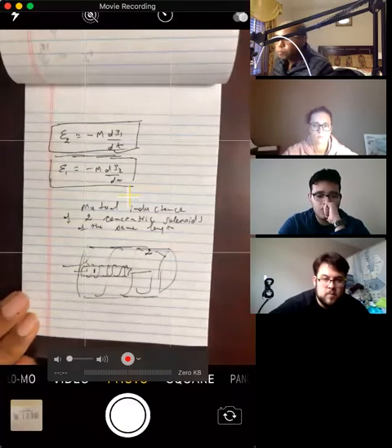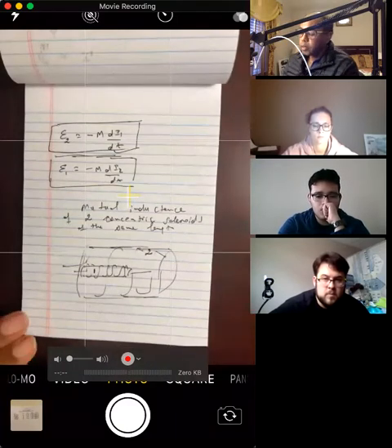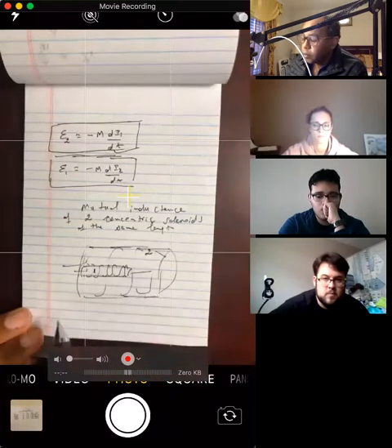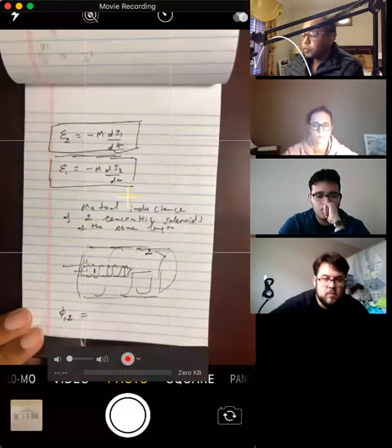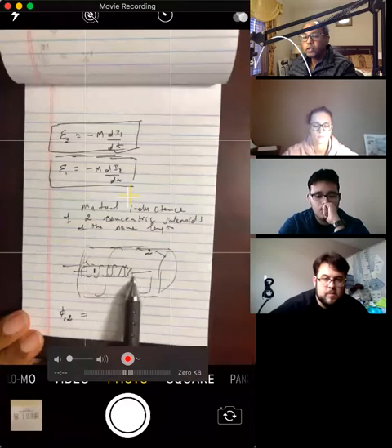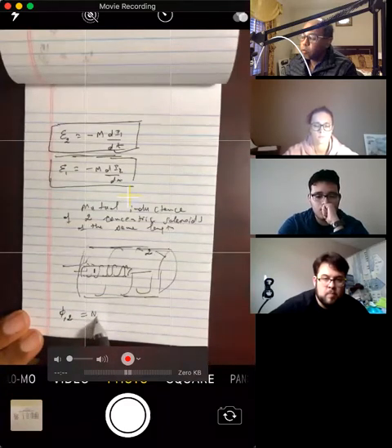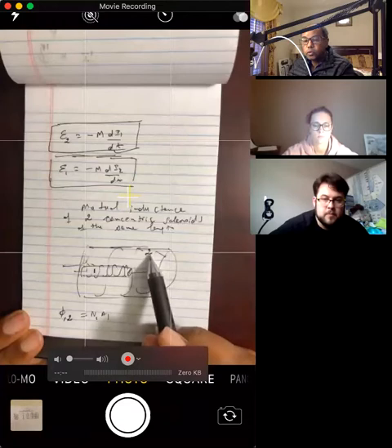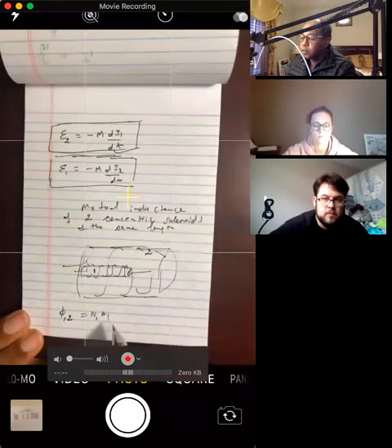Let's look at the flux on 1 due to 2. Now we're looking at the flux crossing this one, so we multiply by the number of turns N1 and the cross-sectional area of this one, A1, and the magnetic field B2.